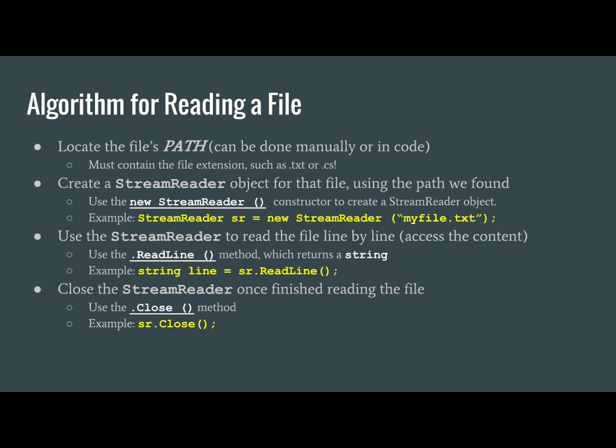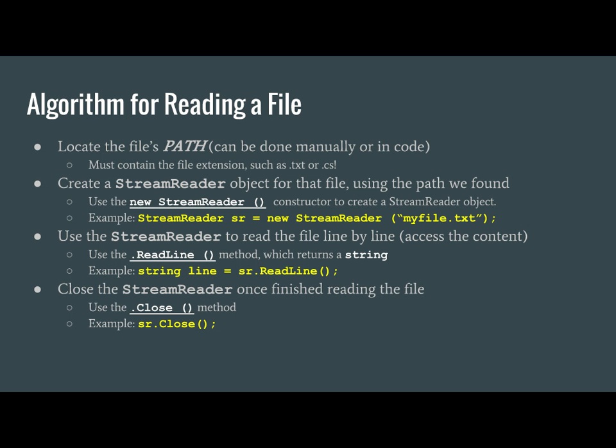Okay, so when we write a program, how do we actually read a file? Before, we just talked about how the mechanism works. So the first thing is you need to know the file's path, which is basically a string that can locate where the file is in the computer. And of course, you can do it manually if you know the path of the file, or you can just do it in the code.